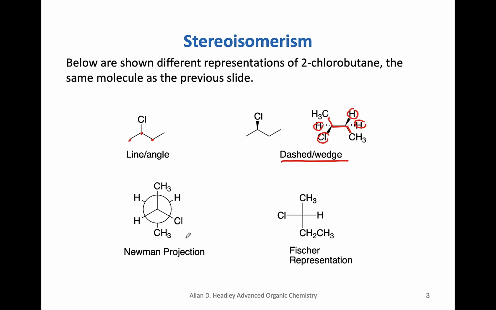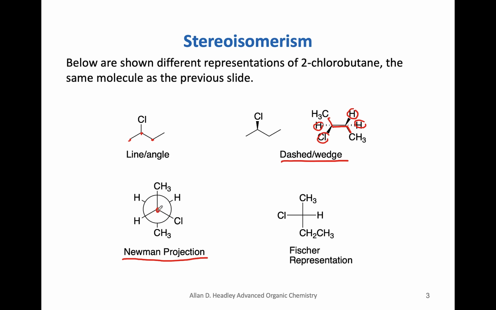Another representation that's frequently used in organic chemistry to represent the three-dimensional arrangement of atoms or groups of atoms is shown here as the Newman projection. So here we're actually looking down this carbon, and there's another carbon behind that carbon.